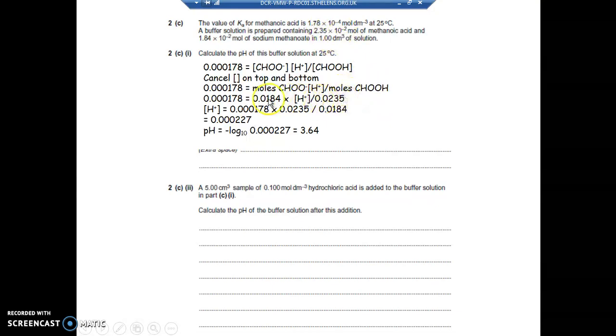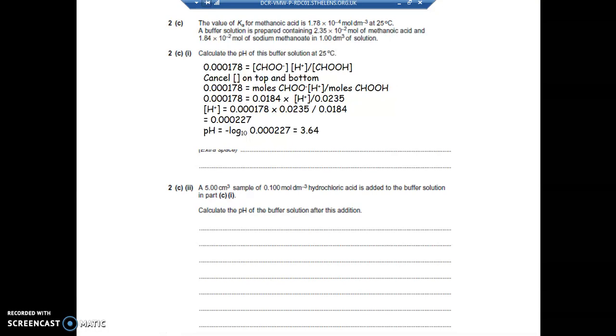I put them in and rearrange the equation, so 0.00178 multiplied by 0.0235, because this is on the bottom on this side, so it ends up on the top on the other side, divided by 0.0184, it's on the top on this side, so it ends up on the bottom on the other side. It should give you a value of 0.000227. Minus log to the base 10 of it equals 3.64.